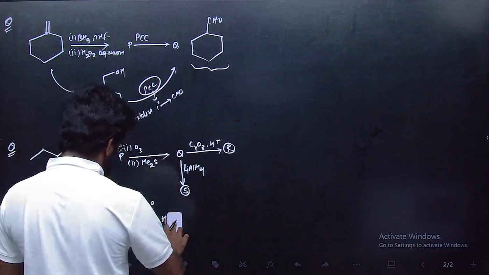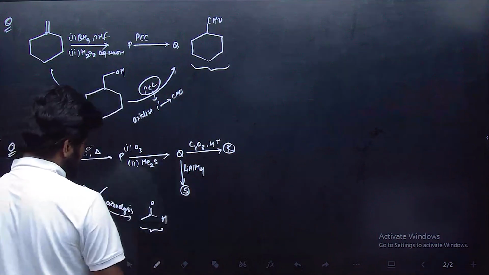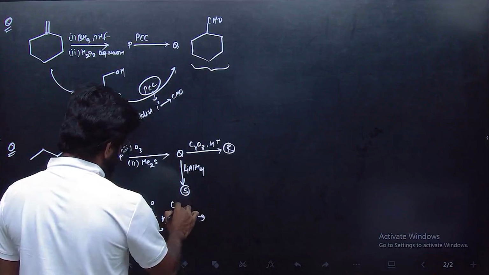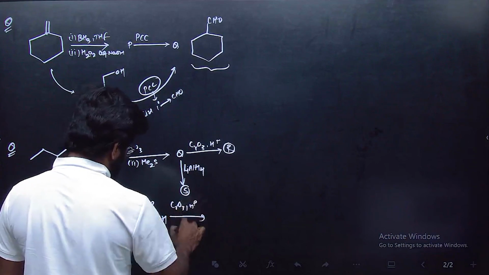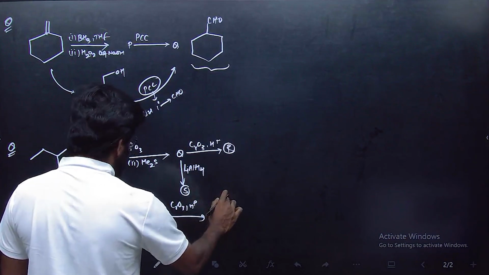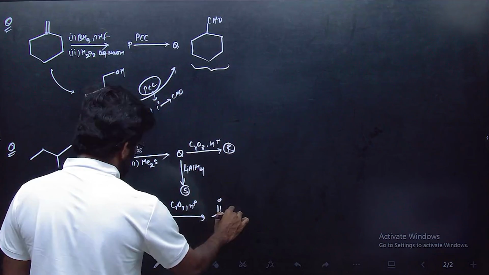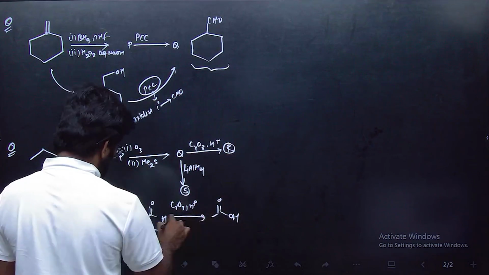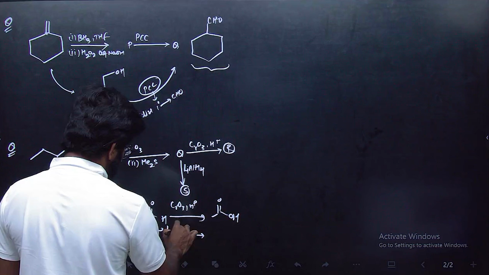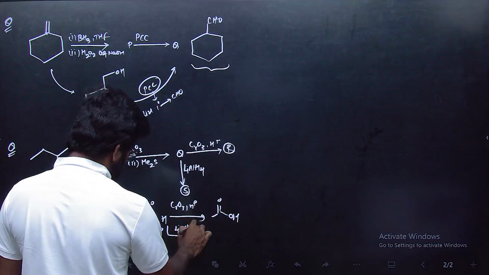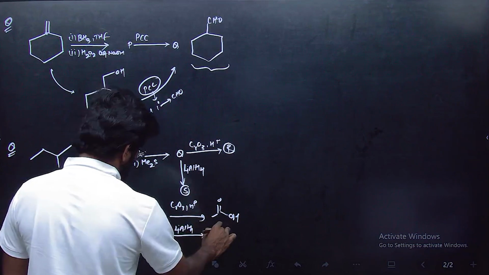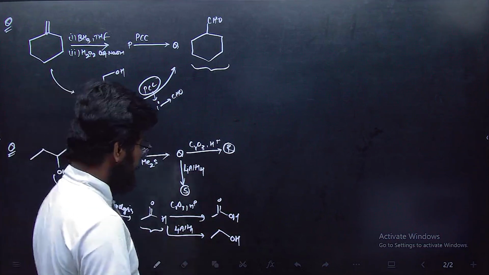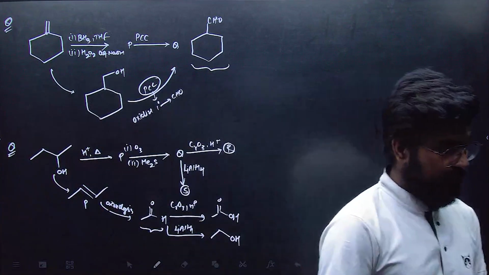So basically you get CH3CHO from both the sides. And once you treat this CH3CHO with CrO3H plus, since this is a strong oxidizing agent, it will probably oxidize your aldehyde to acid, right? And then if you use on the other end a strong reducing agent like LiAlH4, what you will get is the corresponding alcohol, ethanol, right? So this is what you are going to get.